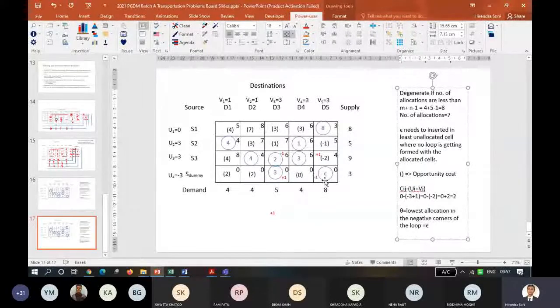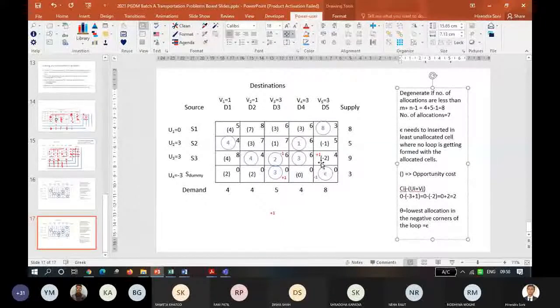So that means what has happened here is only just epsilon has shifted its place. Okay, epsilon has shifted its place. So आपको इस तरह का भी सिचुएशन आ सकता है कि आपको नया एलोकेशन कुछ नहीं मिला, सिर्फ एप्सिलॉन अपनी जगह से शिफ्ट कर गया.